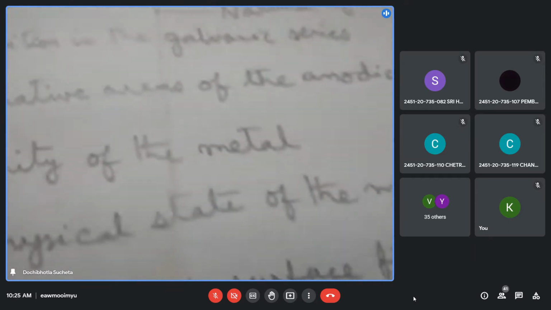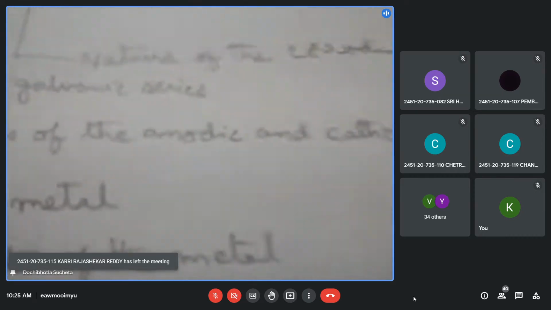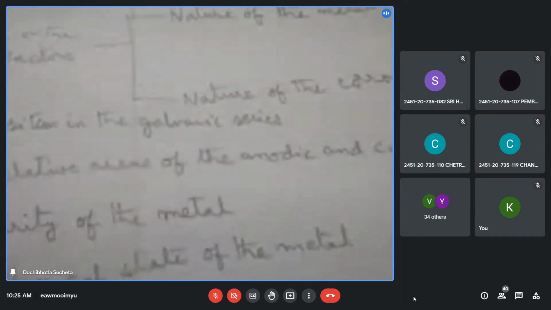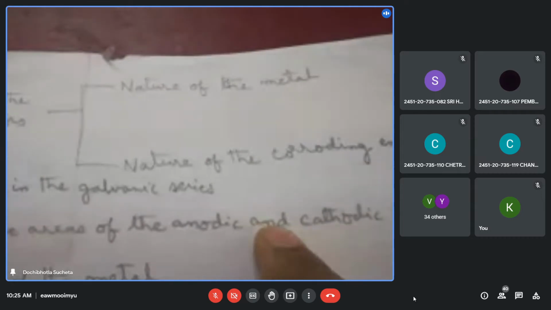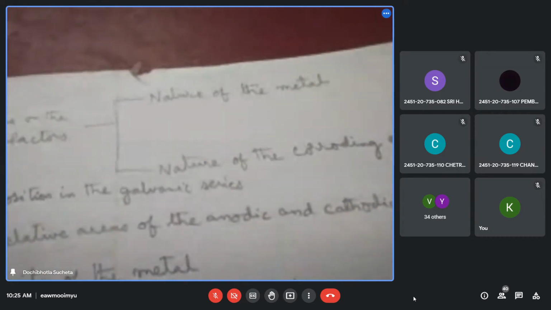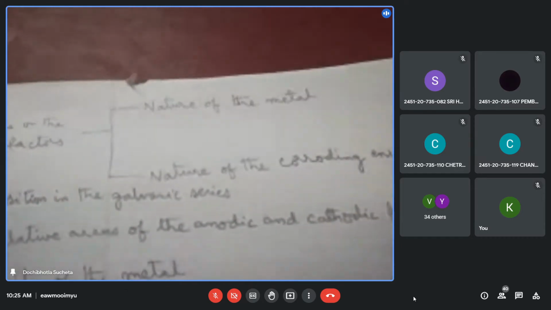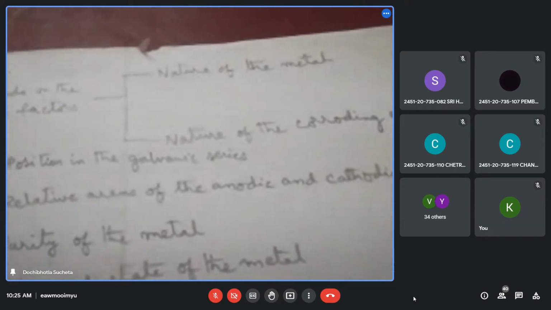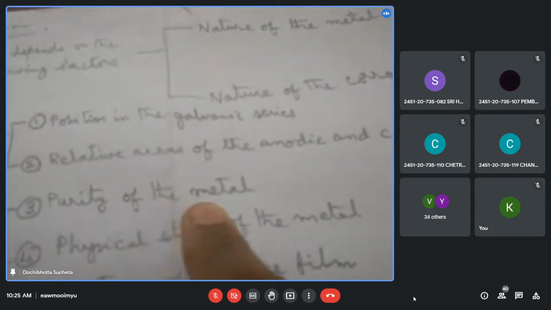The second factor is relative areas of the anodic and cathodic parts. The third one is purity of the metal.